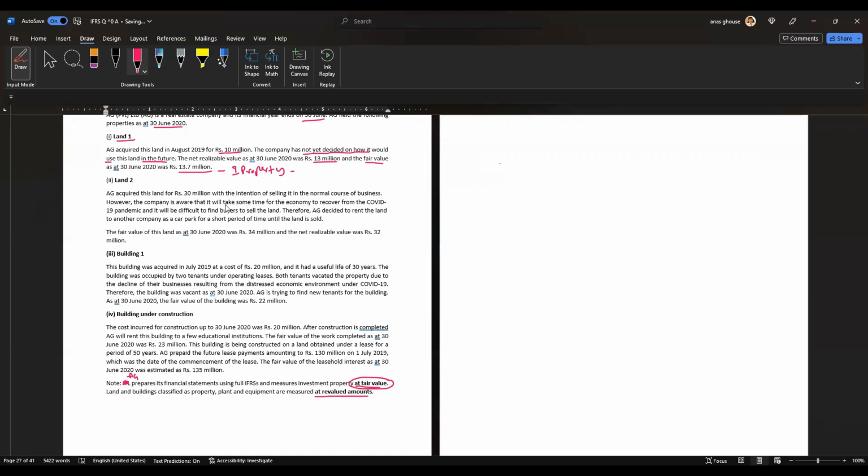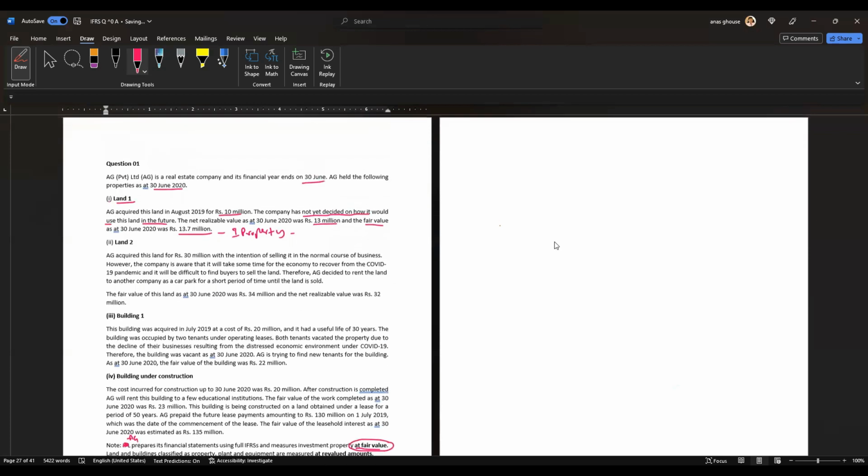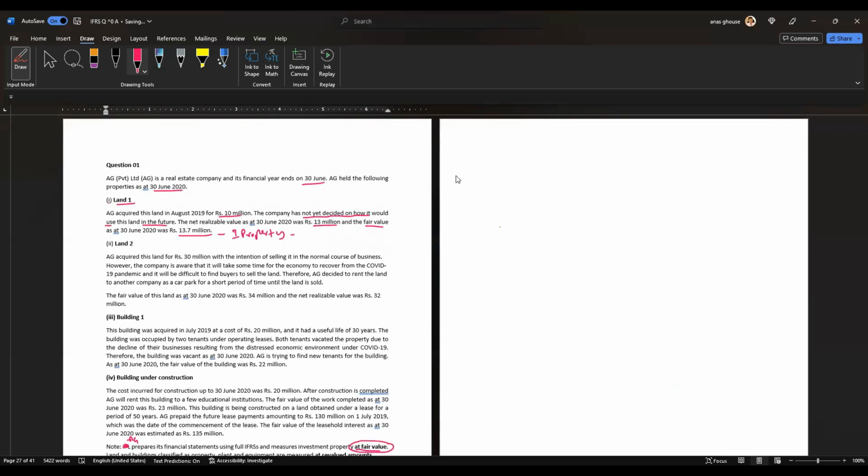Therefore, land 1, being an investment property, has to be valued at fair value. So the amount will be 13.7 million.